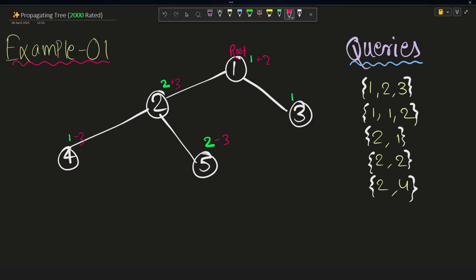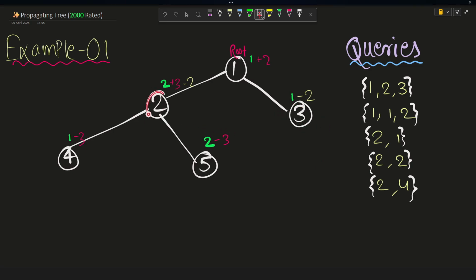If I add a value of plus 2, it will be this, right? But what do we have to do next? We also have to add a value of minus 2 to the children of this first node. So I will write a minus 2 for both of these children. Since this node does not have any children further, we will stop at this point.